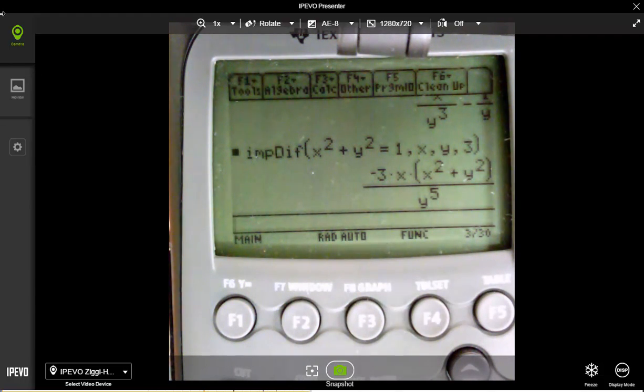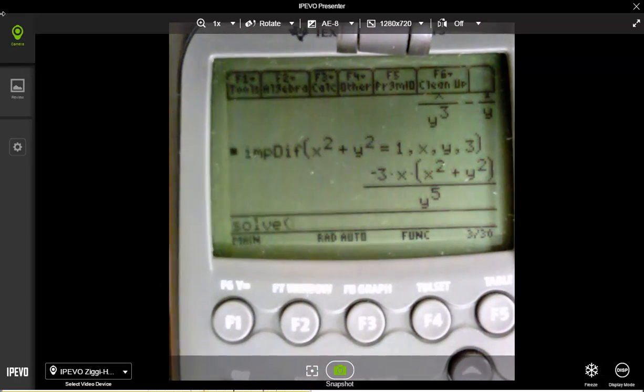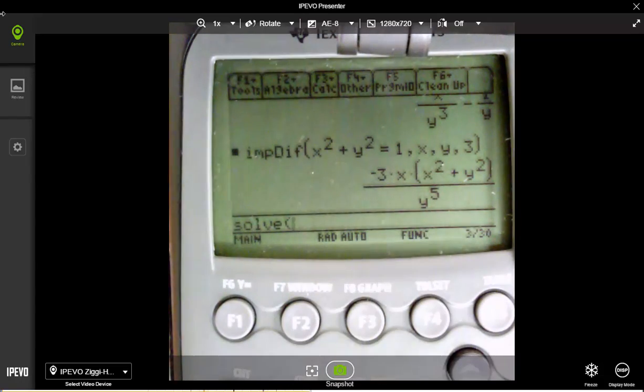So what we want to do is hit solve, which is F2, solve, enter, and now we want to solve x squared minus x times y plus y squared equals 9, comma, what do we want to solve it for?